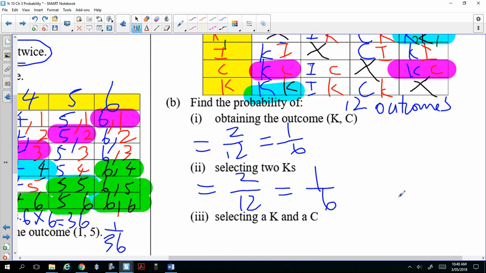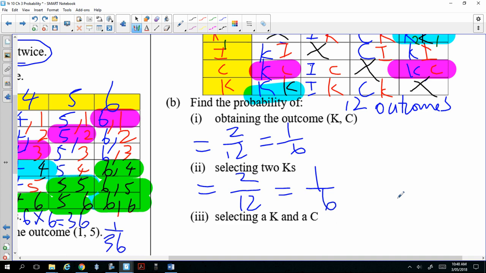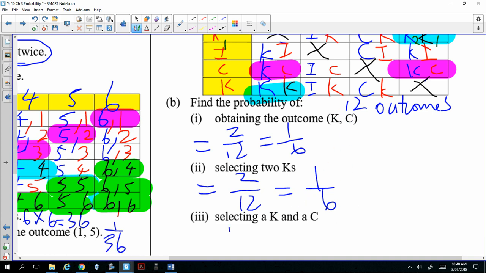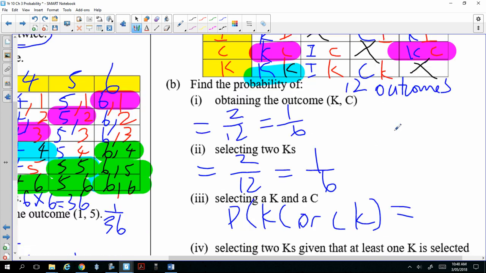Well, that's different. That can be KC or CK. It doesn't say which order it appears. So now we have to include the CK as well. So it will be 4 instead of 2 out of 12, which is 1/3. Yep, all done. Good.